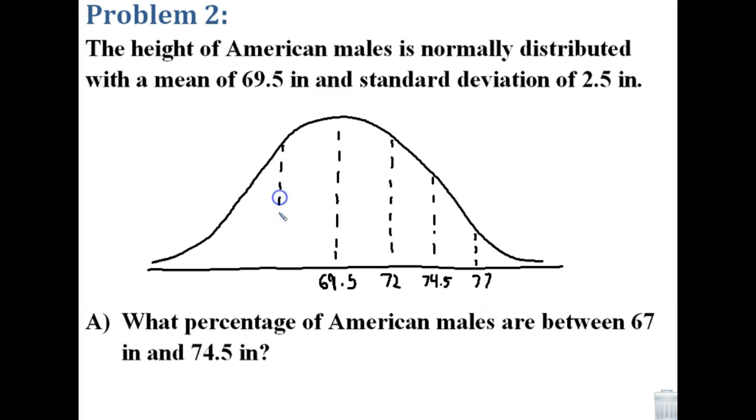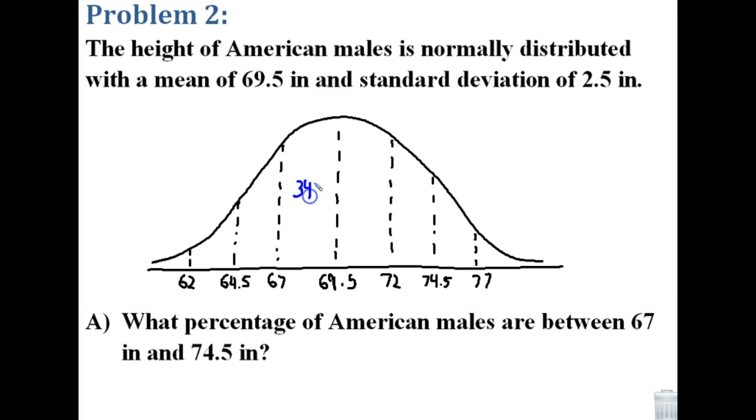If we go 69.5 minus 2.5 to go down one standard deviation, that would give me a 67. 67 minus 2.5 will give me a 64.5, for two standard deviations below the mean. And going down one more standard deviation, minus 2.5 again, we get a 62. The reminder, these are all in inches. What I can do with that is apply my 68, 95, 99.7 rule and fill in those percentages we know.